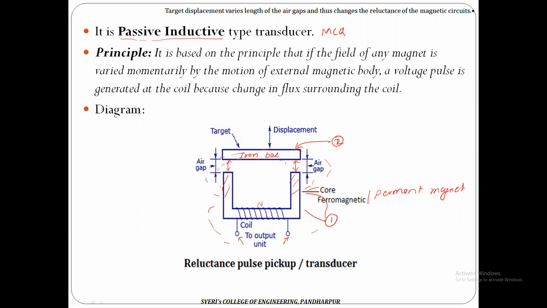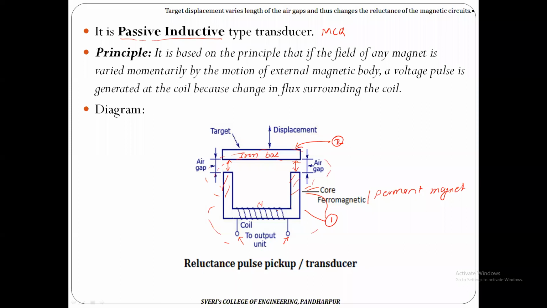When this iron bar has continuous movement in the magnetic field produced by this ferromagnetic material, then definitely the magnetic field will change. And when this change in magnetic field links with this coil, according to Faraday's laws of electromagnetic induction, EMF is induced between the two terminals of the coil.